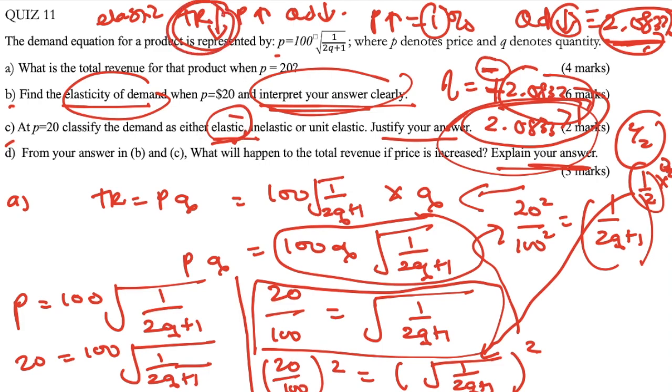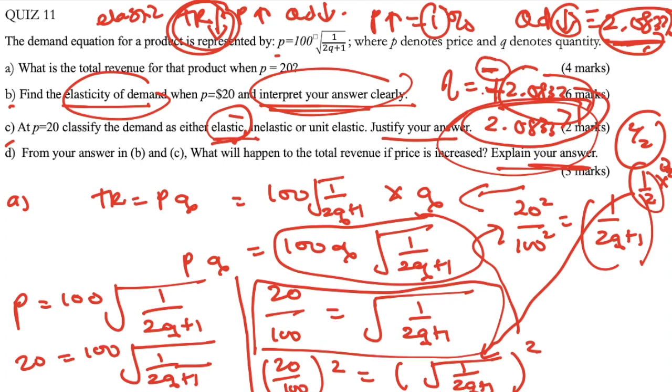So total revenue decreases. Because of what? Because the consumer is very responsive, as we know that the percentage change in quantity demanded is even more than the percentage change in price here. So total revenue will decrease.